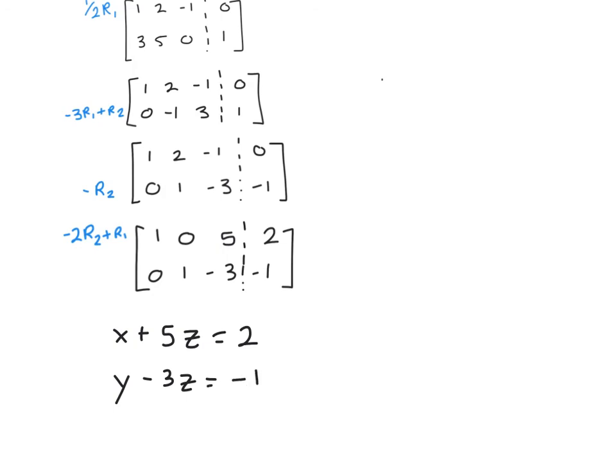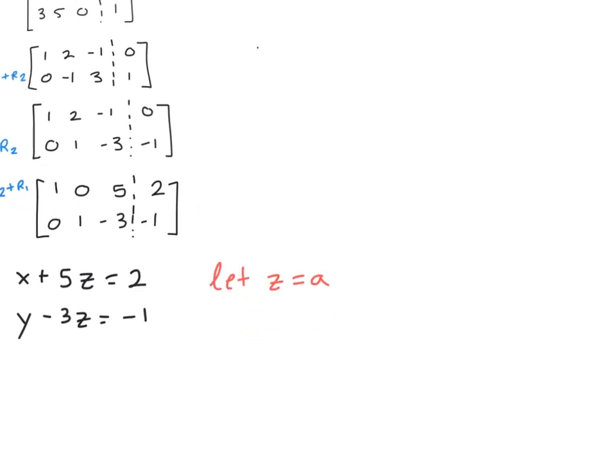And this is when we're going to set one of our variables equal to A. So I think in this case, it might be easiest to say, okay, let Z equal A. So if we do that, we can say X plus 5A equals 2.